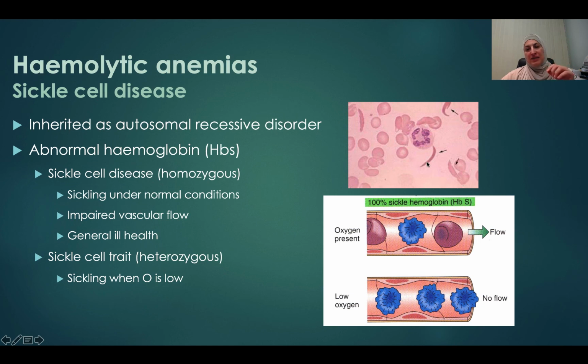Now, these sickled RBCs do not have the free mobility of the normal RBCs, and usually the patient would have blockage of the blood vessels related to these sickled RBCs, and the blood becomes more viscous, and this will lead to ischemic changes and impaired vascular flow to the tissues, which might be presented with different signs and symptoms, and when severe and acute, we call it sickle cell crisis.